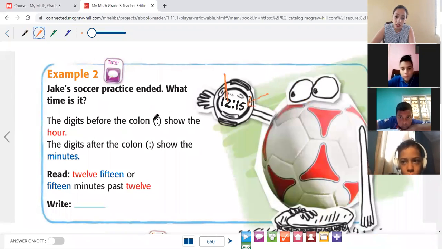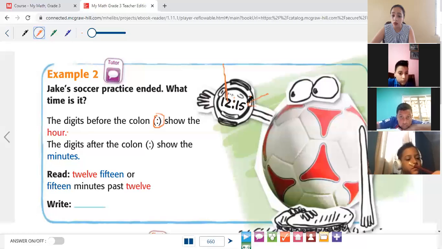Now, can you see these two little dots in between the numbers? These two dots are called a colon, okay? So the digit before the colon tells me the hour. The digits after the colon tell me the minutes. So what time is it on this clock?